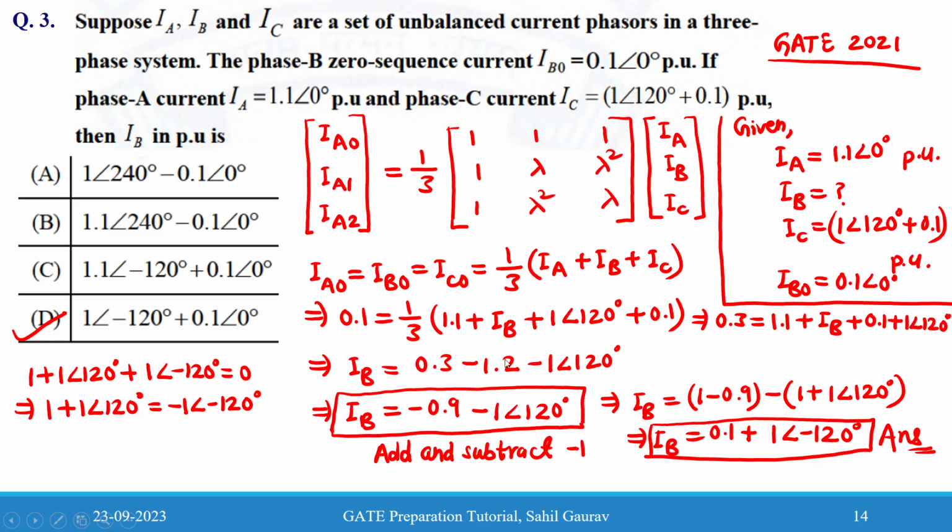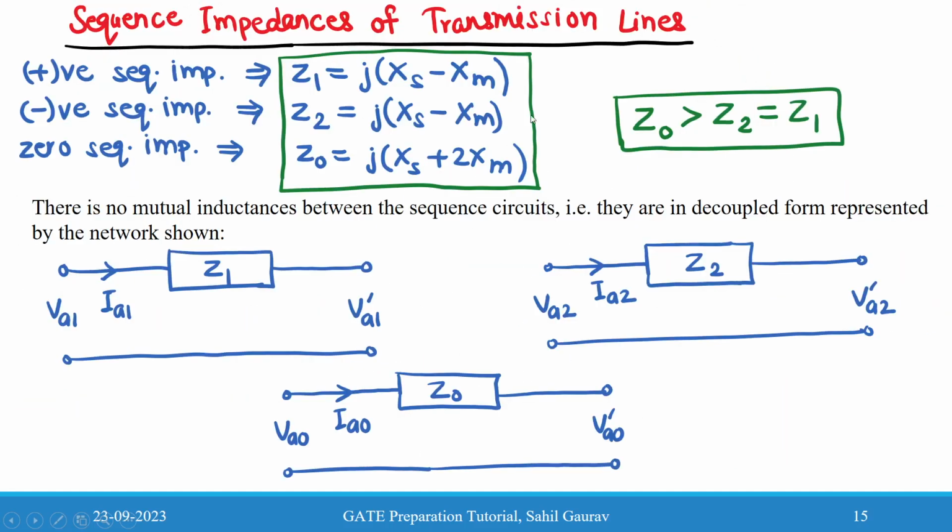So now we will see the next problem. Sorry, we will see the sequence impedances of a transmission line. For generators we will see in subsequent classes, right now we will see this transmission line only. Since transmission lines are static, both positive and negative sequence impedances will be equal, while the zero sequence impedance is higher.